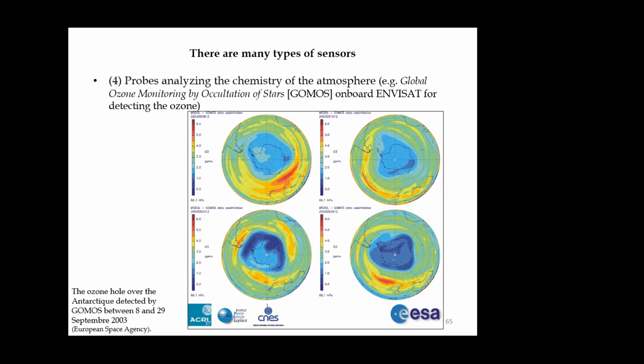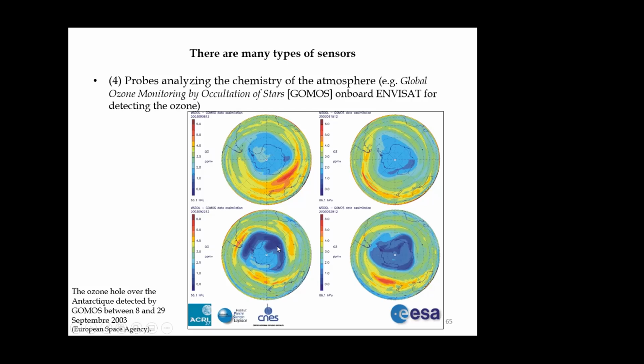And you can see here a view of the Antarctica area, the South Pole. This is South America, sorry, South Africa here, and Australia, New Zealand. And in blue, you can see depleted areas. That means areas with little ozone in light blue, or more important in dark blue.